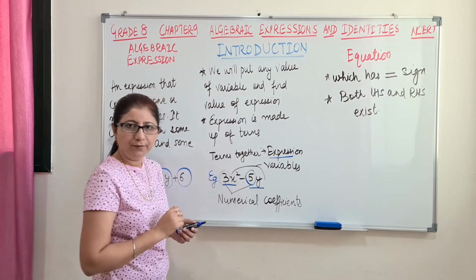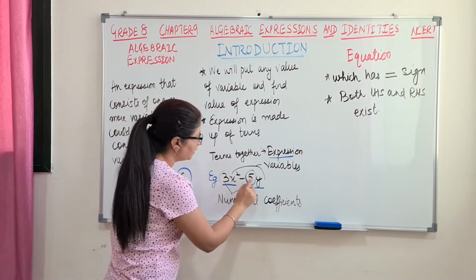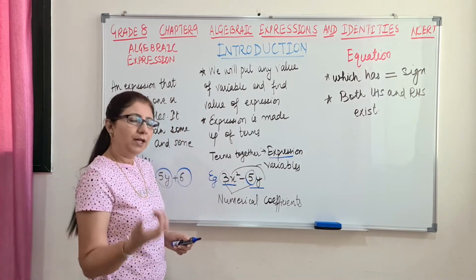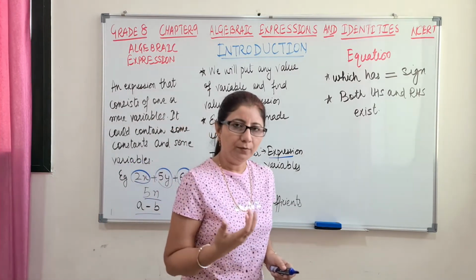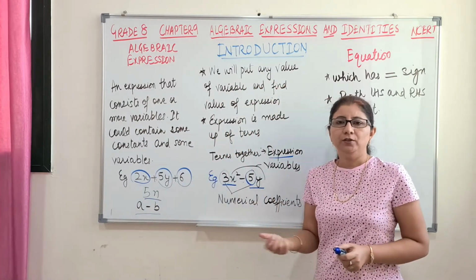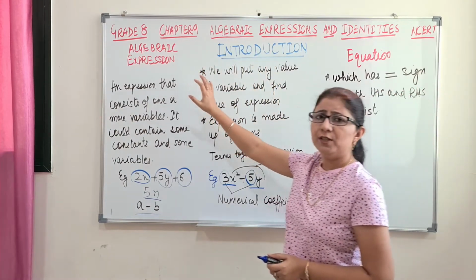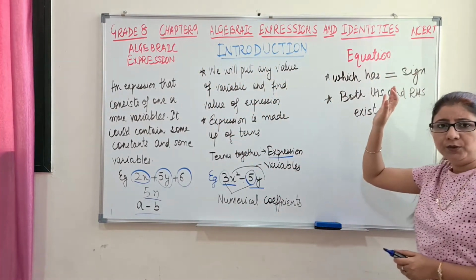It is 5. These two are numerical coefficients, and x and y are variables. Variable means we have a choice of putting as many values as we want in these variables and finding the value of the expression. Do you know what is the difference between an expression and an equation?